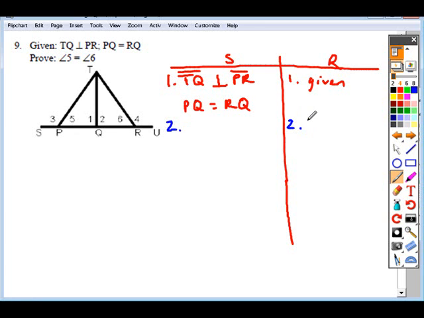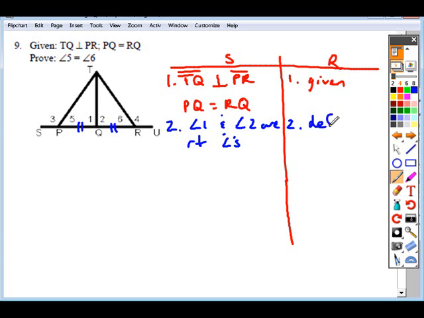If we know that PQ and RQ are equal, we do have 2 parts of that triangle, which is helpful to see. And we also are told that TQ is perpendicular to PR. Well, what does that mean? If things are perpendicular, it means what? It's a right angle. So we could say that angle 1 and angle 2 are right angles.